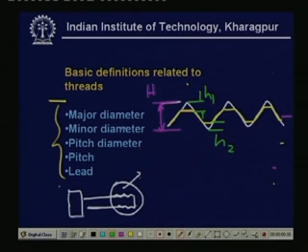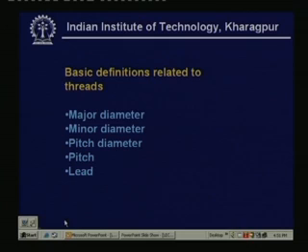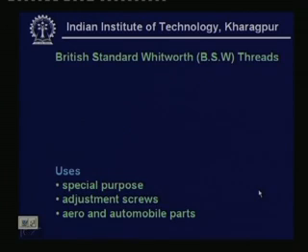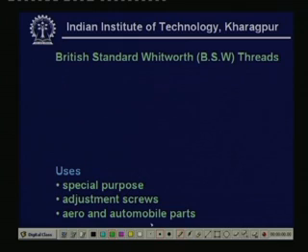So, now you should be able to tell what are the definitions of different geometrical parameters, that is major diameter, minor diameter, pitch and lead of a screw. Then we study some of the normally used thread profiles. So, what I draw here is the cross section of the thread. The first is the British standard Whitworth threads.